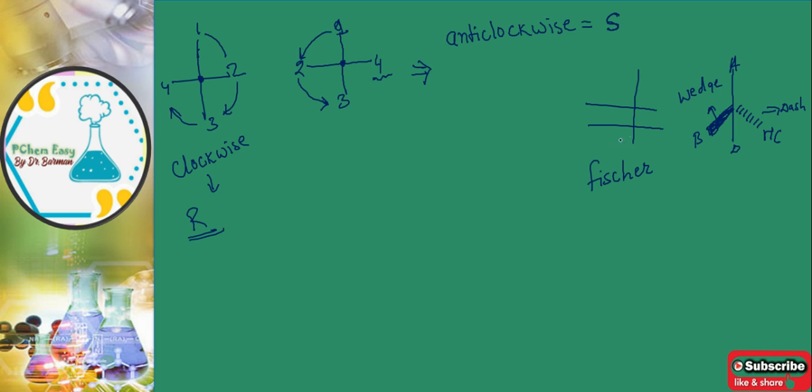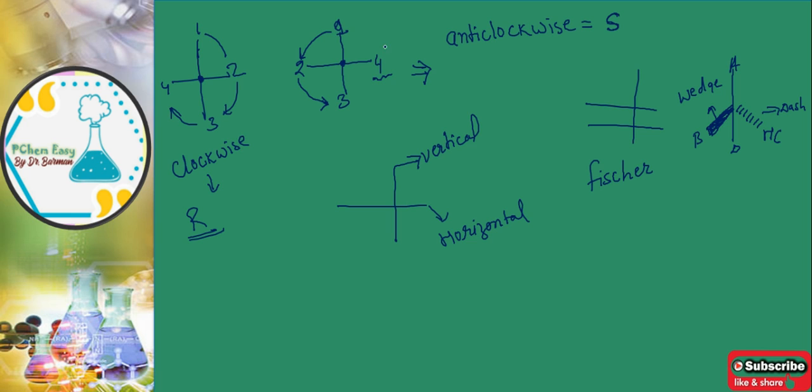So when we talk about the R and S configuration in Fisher projection, what we have to do, as you can see, there are two lines. This is called the vertical line, and this is called the horizontal line. So now vertical and horizontal. One important rule is there: after assigning the priority, one more thing we will have to see.